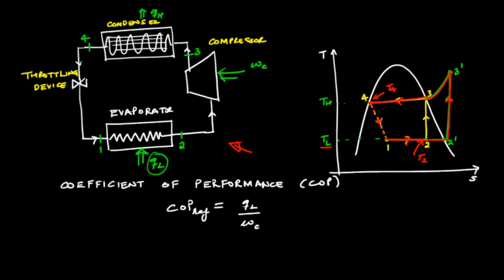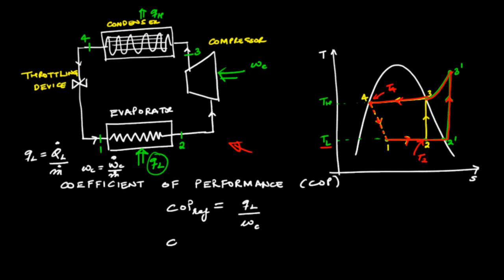So QL is the heat that is absorbed in the evaporator section, that is the rate at which heat is absorbed per unit mass flow rate of the working substance, and WC is the power input to the compressor over the mass flow rate of the working substance.